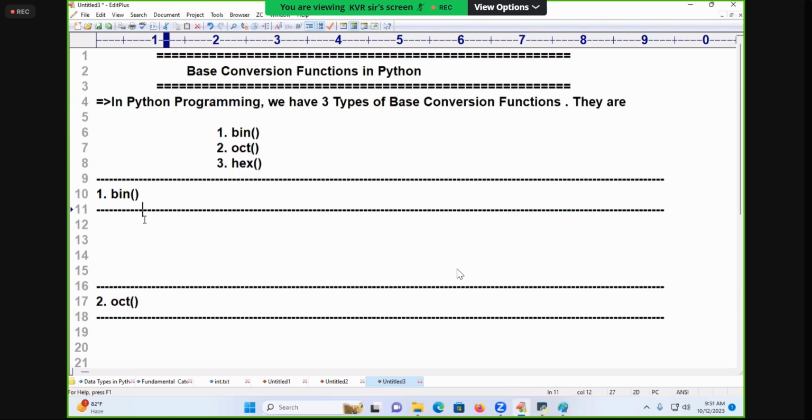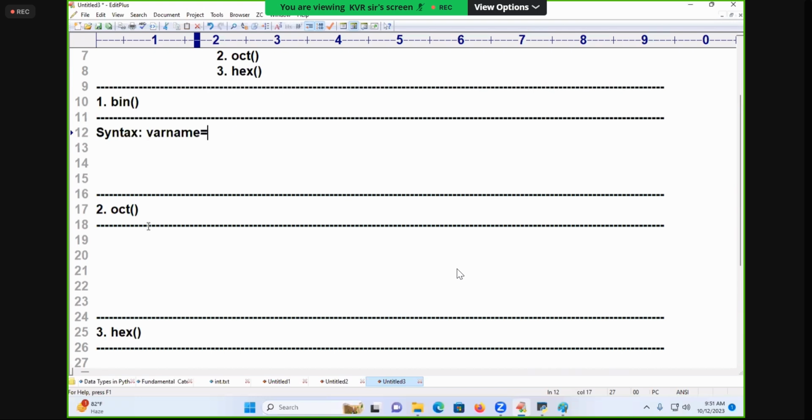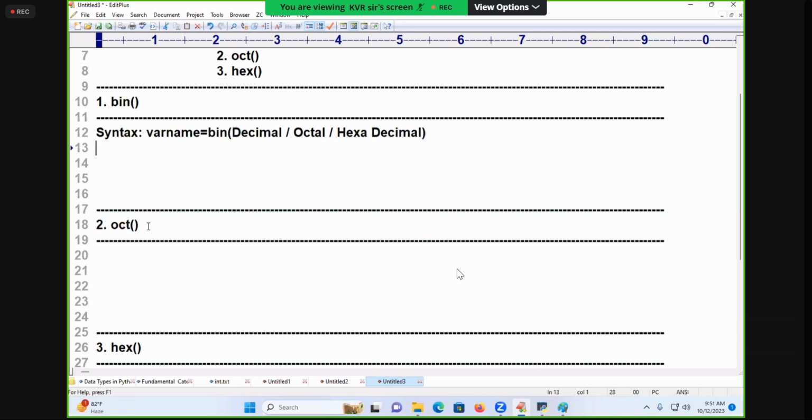First I will go for bin(). Syntax, you see? Directly programming, no more theory. Variable name is equal to bin(), which data? Decimal, octal, or hexadecimal. Let us apply.